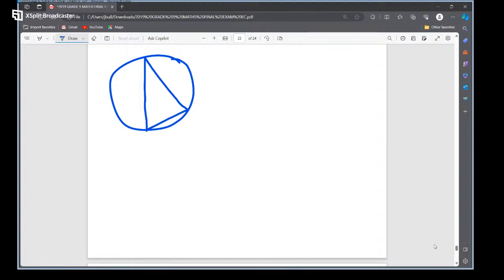We said it was a 3, 4, 5 triangle, and that is our diameter, so our diameter is 5. And they tell us that we need to use pi as 3.14.